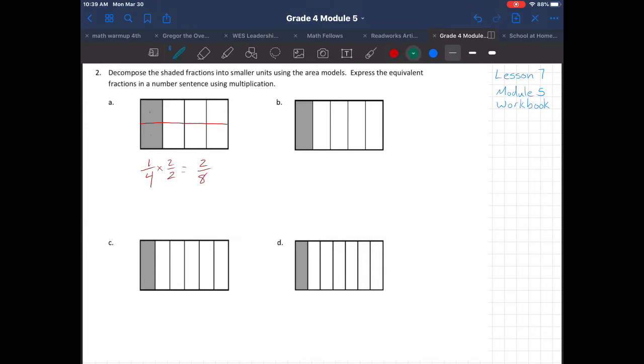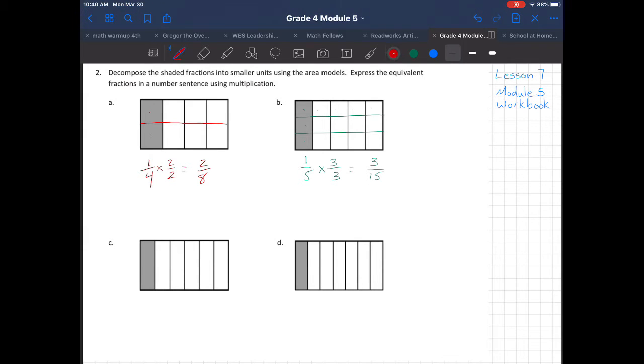Let's see, this time I think I will do 2 lines, which would be 1, 2, 3 times as many. And this was a 1, 2, 3, 4, 5. This was a 5th. 3/15, so a 5th is equivalent to 3/15.